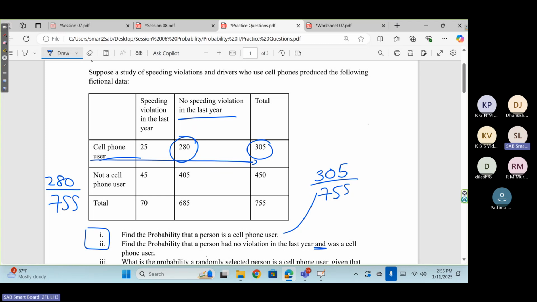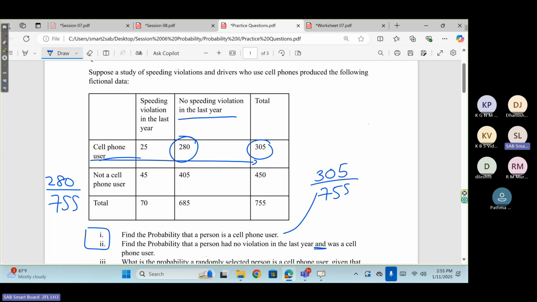Another thing is you have to do 3 assignments. 30% of the marks are allocated to the assignments, the CA component, continuous assignments. I will upload assignment 1 to the LMS next week. One week is enough.